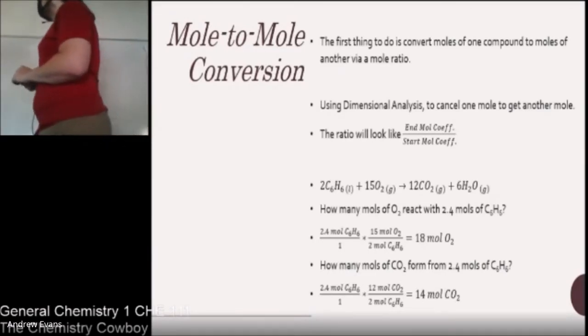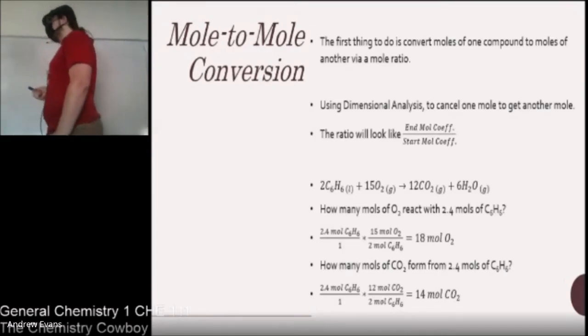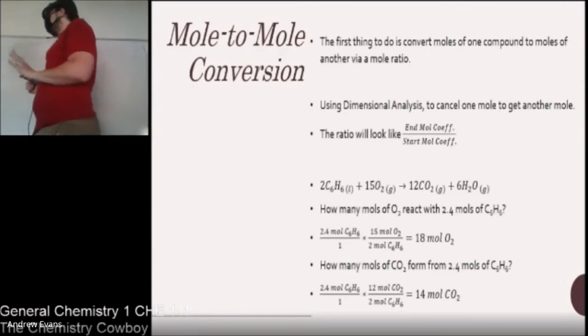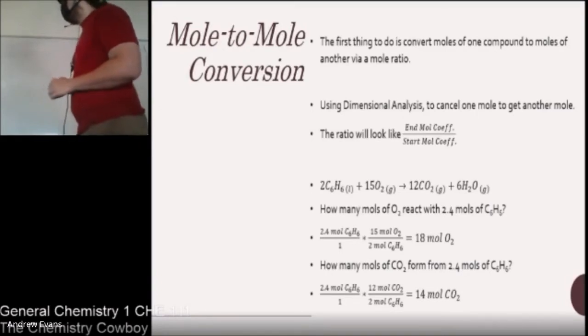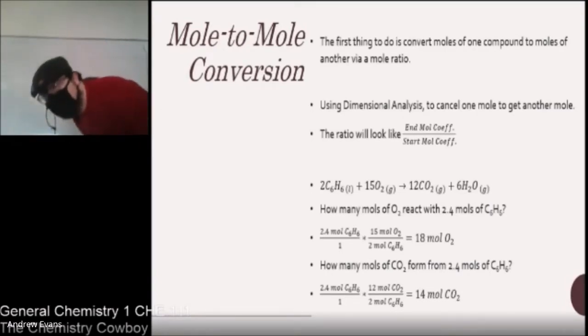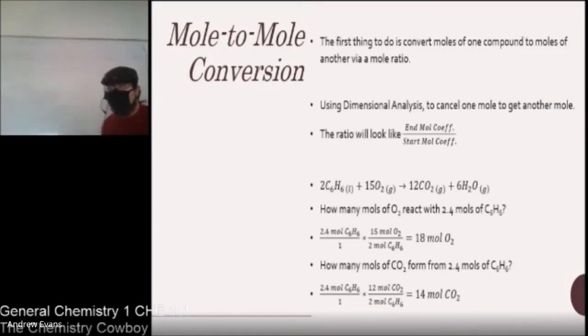Because now we're going to use the ratio from the balanced chemical equation to convert moles of one compound, we're going to call it generic compound A, to moles of compound B. And the ratio will literally depend on the numbers in the balanced chemical equation.